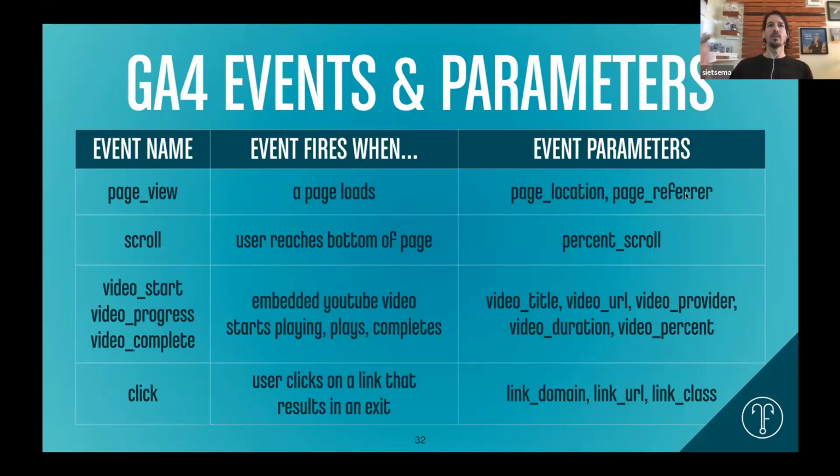What is the referring source or the page that brought traffic to that page? Another one, an event would be scroll. And that would be when the user reaches the bottom of the page. And that would be an event parameter. There would be percent scroll. The value of that parameter would be 50%, 100%, etc. So every parameter has a certain value or detail associated with it.